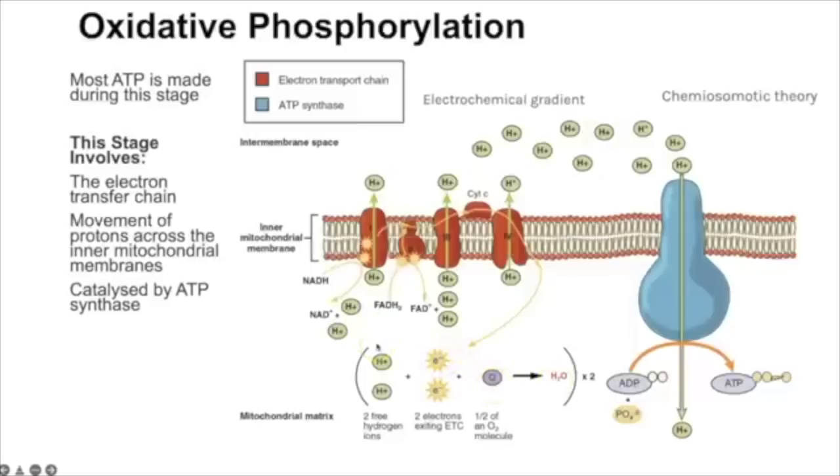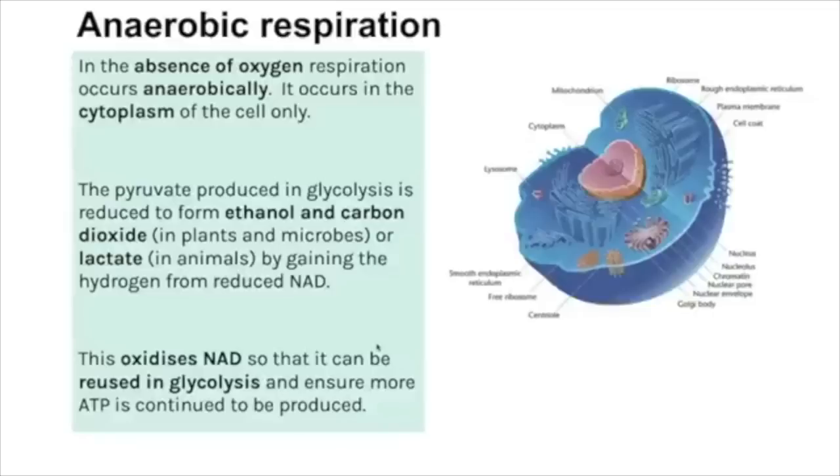those protons. Anaerobic respiration is without oxygen, and it only occurs in the cytoplasm. In plants and microbes, anaerobic respiration produces ethanol and carbon dioxide. In animals, it produces lactate or lactic acid. And this stage is all to do with reoxidizing NAD so that glycolysis can continue to occur.